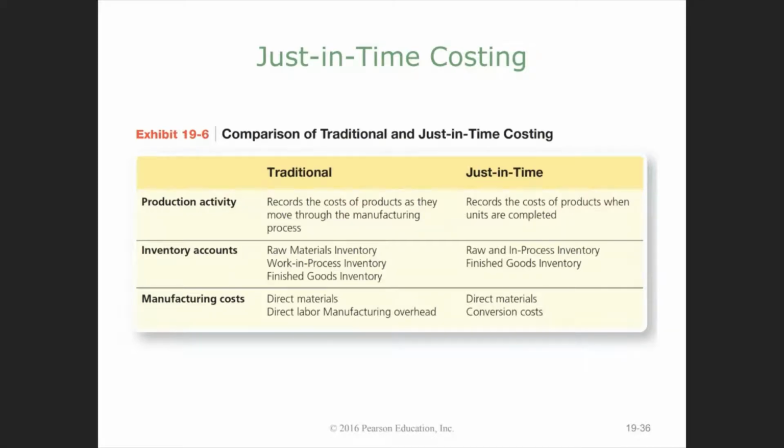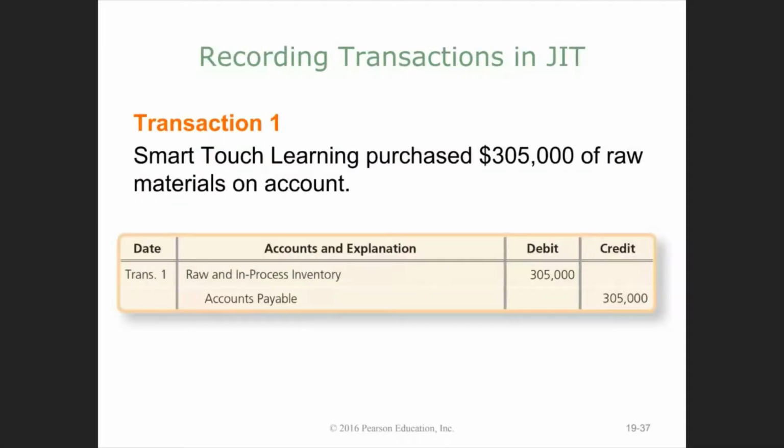But that's probably the most frequent mistake that I'll see, people just read through it too quickly and don't realize that it's for just in time. Or, the two accounts do sound similar, so raw materials inventory, raw and in process. So just make sure you can distinguish between the two so that you answer that appropriately.